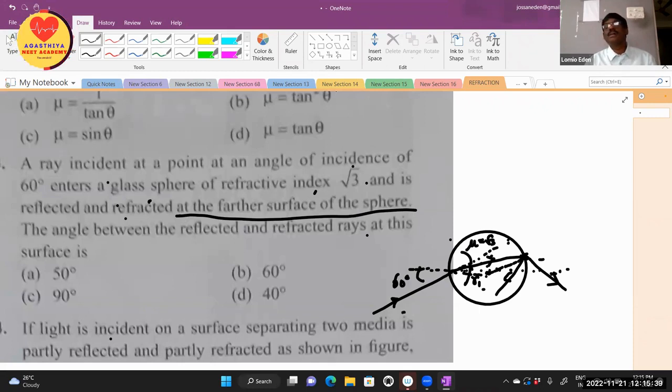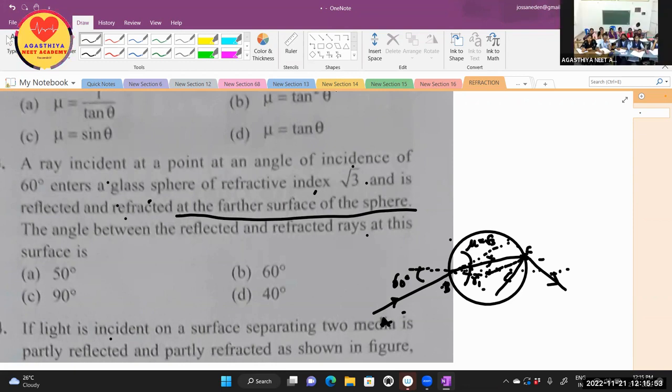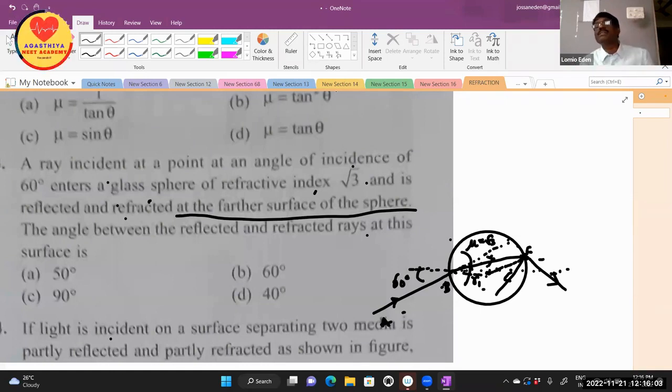Consider this AB first. This is the incident ray. It falls on the outer surface of the sphere. After that, it is refracted. BC. In the inner surface, it is partially reflected. At the outer surface, it is partially refracted. This is the reflection. This is a refraction.